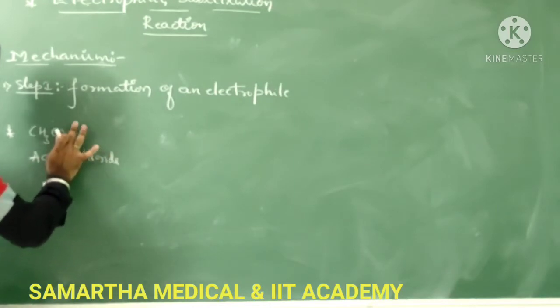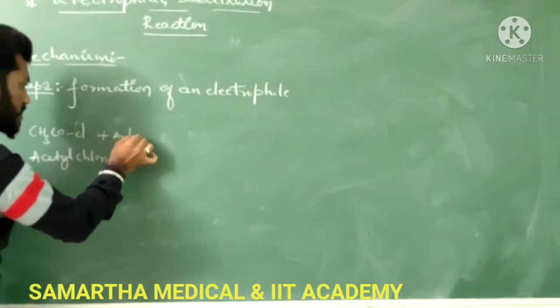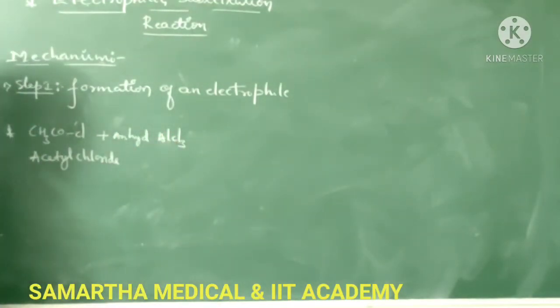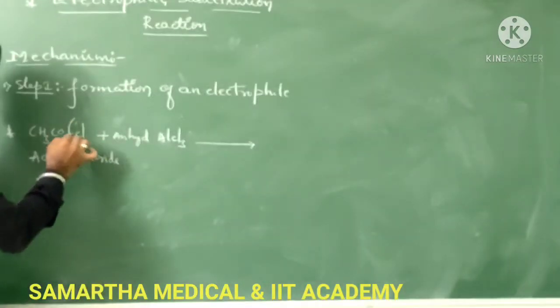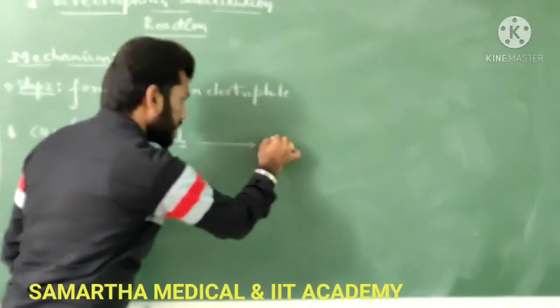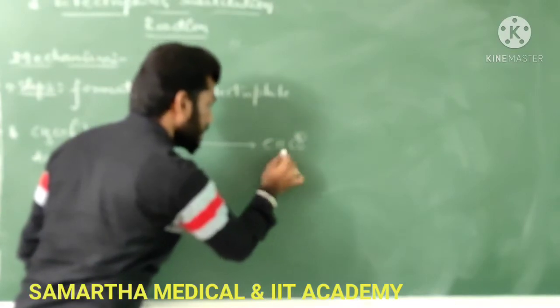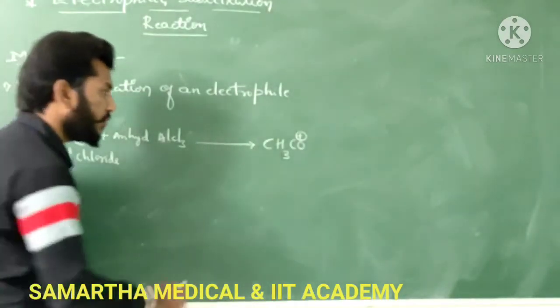When this acetyl chloride reacts with anhydrous aluminium chloride, what happens is that the Cl gets eliminated out of this compound, and thereby acetyl chloride becomes CH3CO plus, an electrophile.